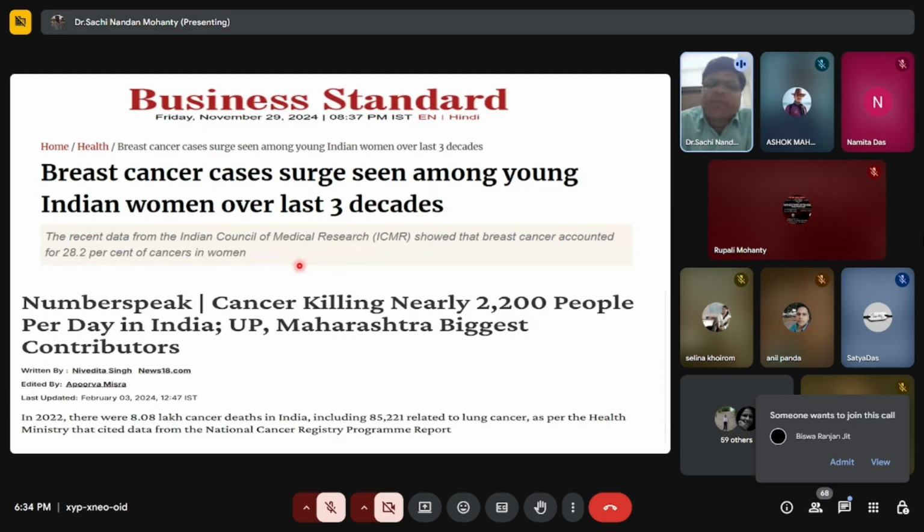This is also supported by ICMR, which says that cancer is killing nearly 2,200 people per day in India, with UP and Maharashtra the biggest contributors. People die of different types of cancer, not only one particular cancer. We'll discuss this in detail with the statistics report.